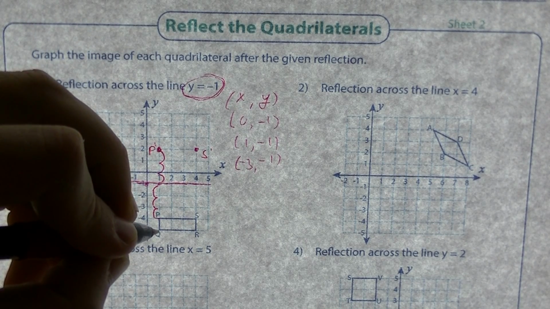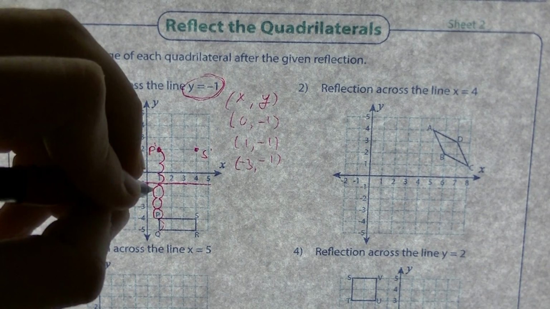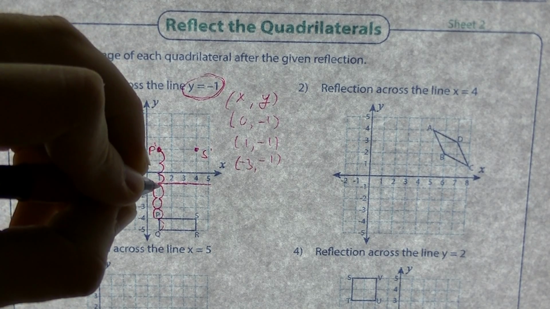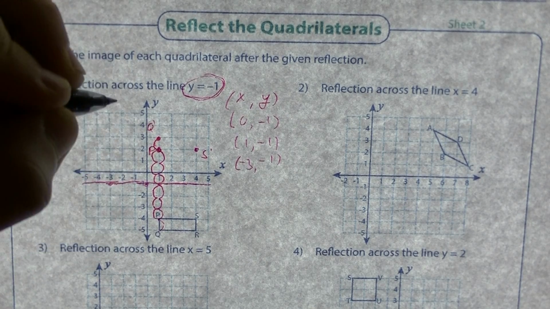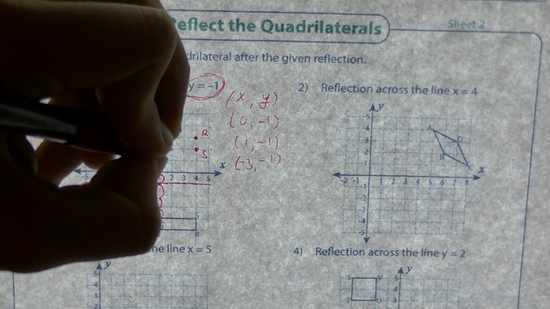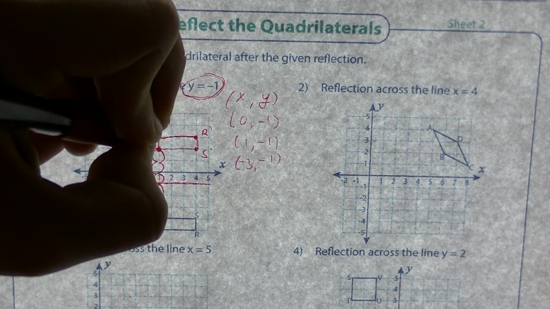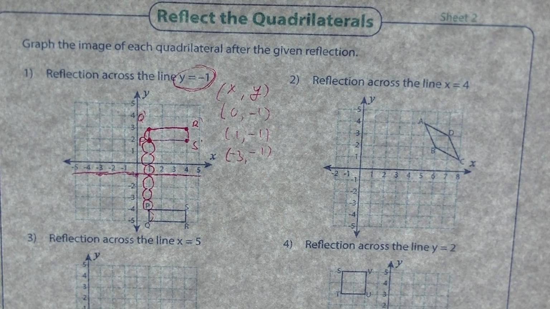Q, I'm going to go 1, 2, 3, 4 up, so then it's going to be 4 more up on the other side. 1, 2, 3, 4. This is Q prime, and R prime should go right over here to get my new figure. All right, let's do 2 more of these together before I send you guys on your way.